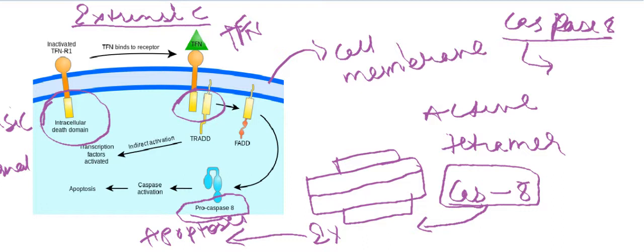Actually, it is an enzyme, which means it is made up of proteins, but it is also called a cysteine aspartate protease because it has cysteine aspartate in its active site. Remember this point, this may be important. Okay, so this was the extrinsic pathway.